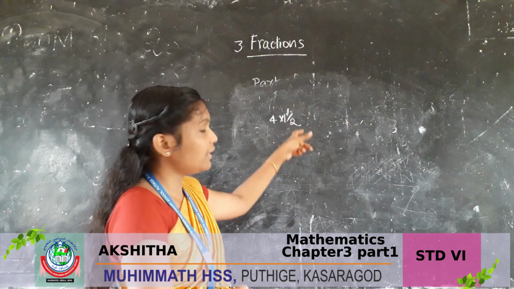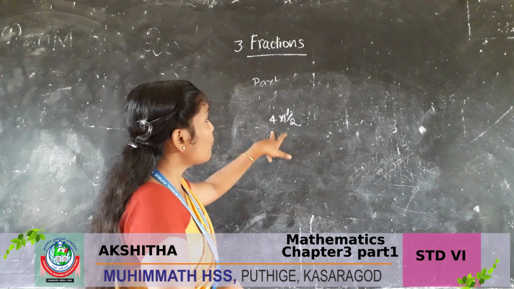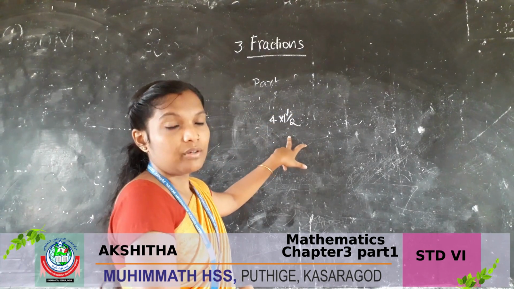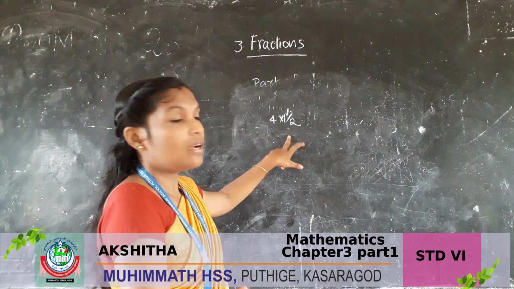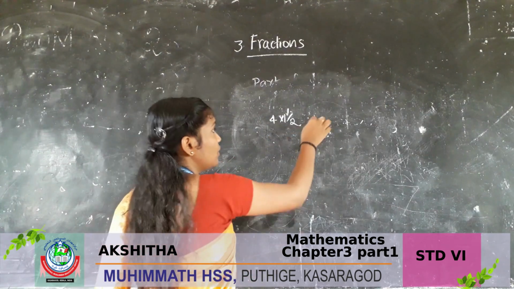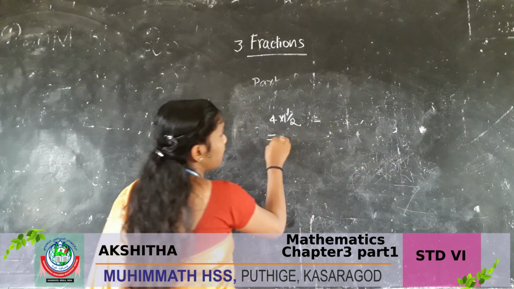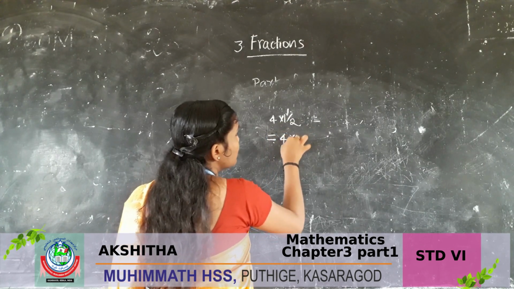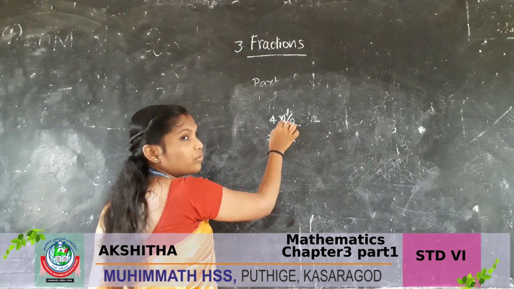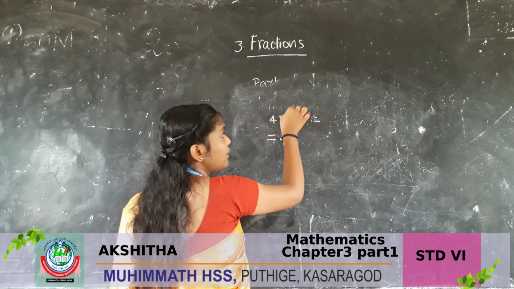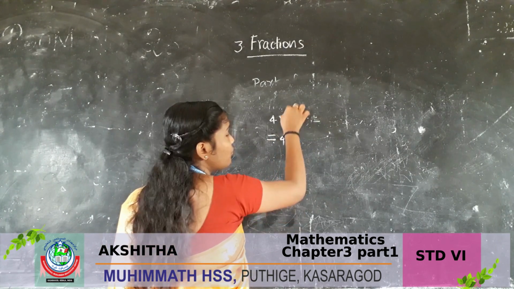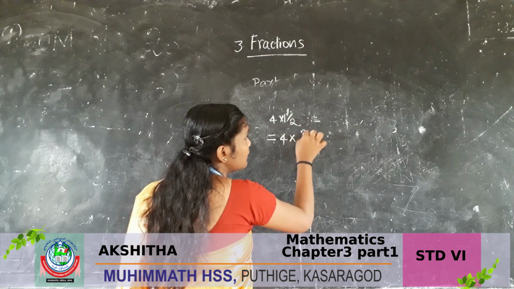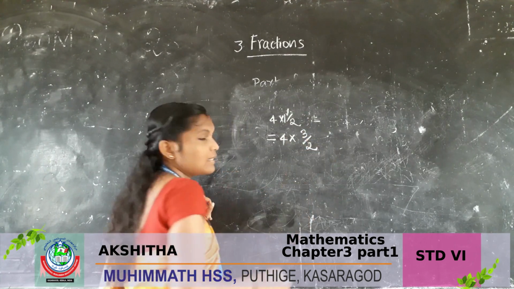4 into 1 and half. It means 4 times 1 and half. What is the answer? How can we find 4 times 1 and half? 2 ones are 2, 2 plus 1, 3. So we should write 1 and half as 3 by 2. Is it clear?